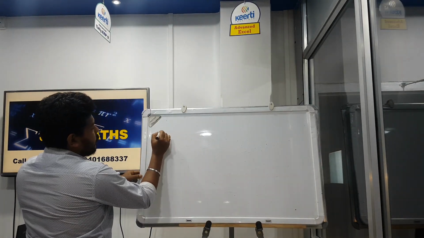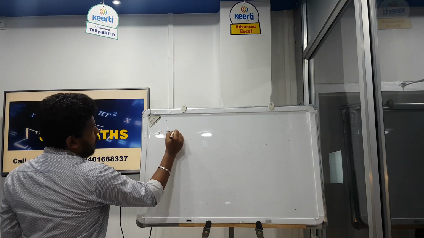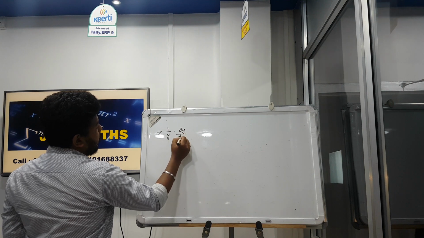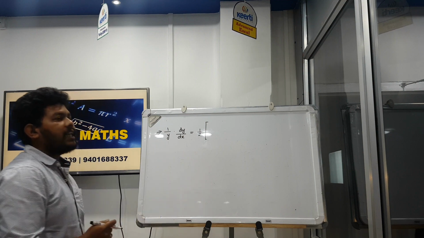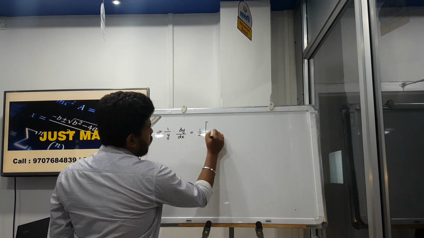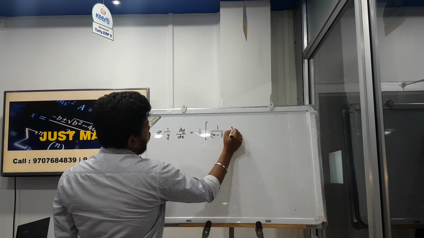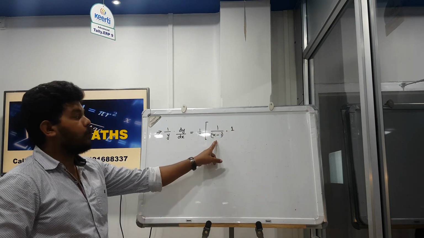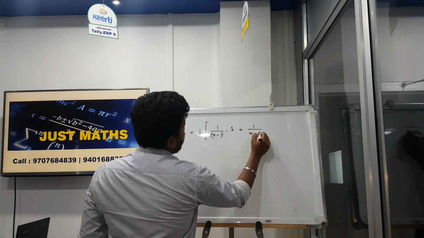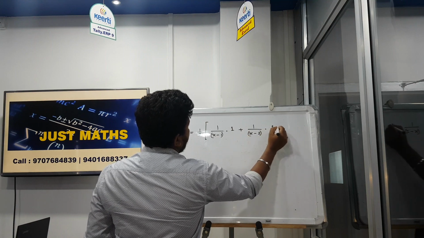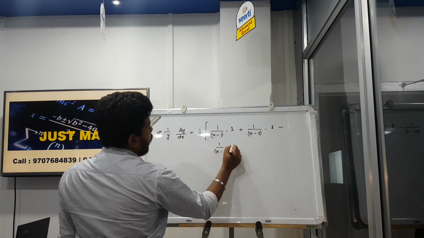If you differentiate log y, derivative will be 1 by y into dy by dx. Half. For log of x minus 1, derivative is 1 by x minus 1 into 1, for x minus 1 the derivative is 1, plus 1 by x minus 2 into 1, minus 1 by x minus 3 into 1.